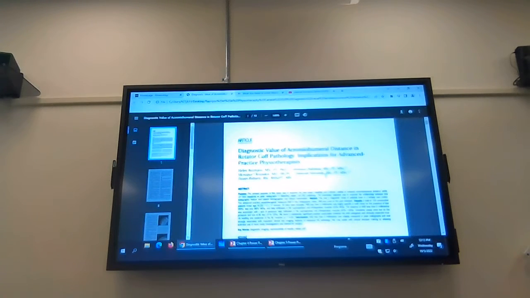Very, very important. You've got to be able to use the information going away from the anatomical position, what actually happens in practice.